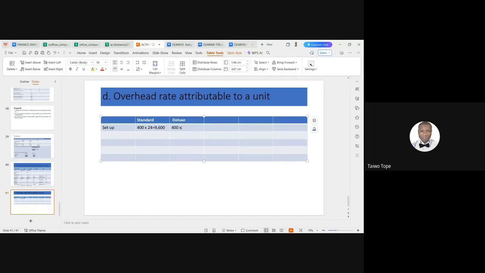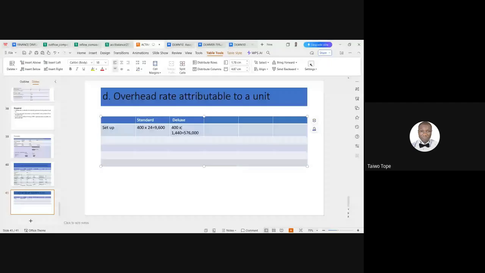How many setups do we have for the loss? 1,440. That gives you a total of 576,000. 576,000 plus 9,600.